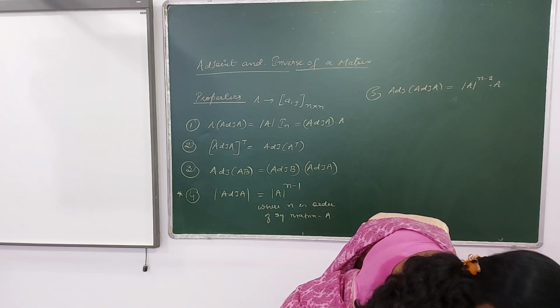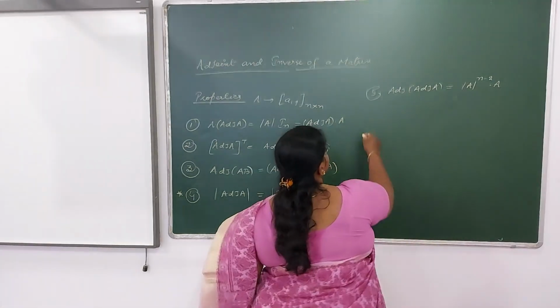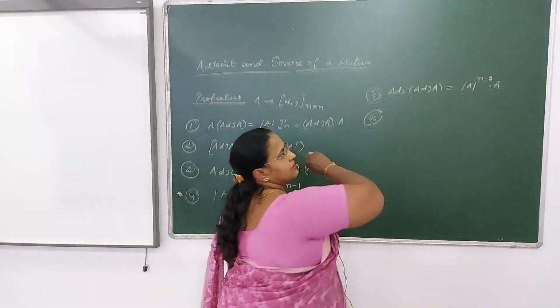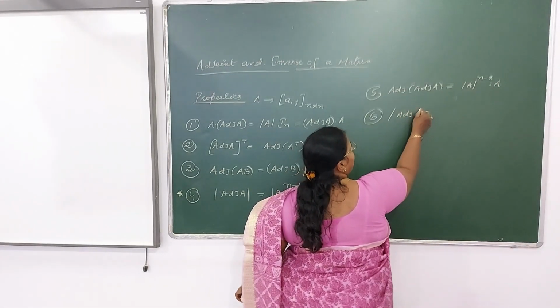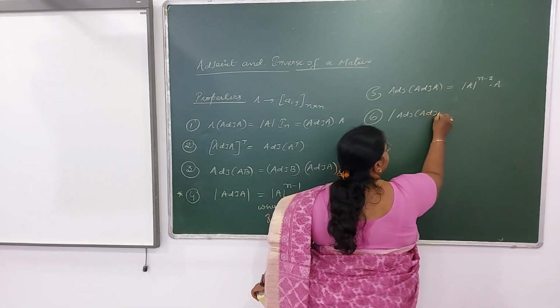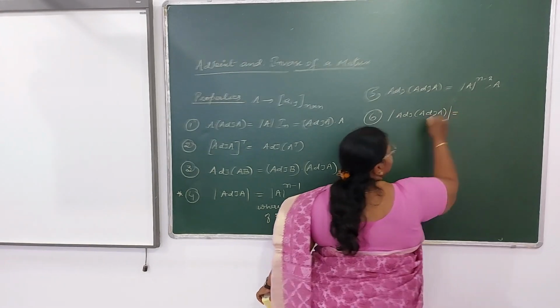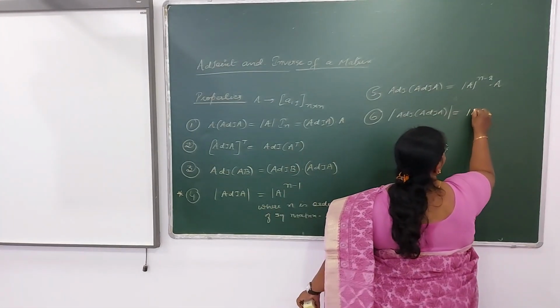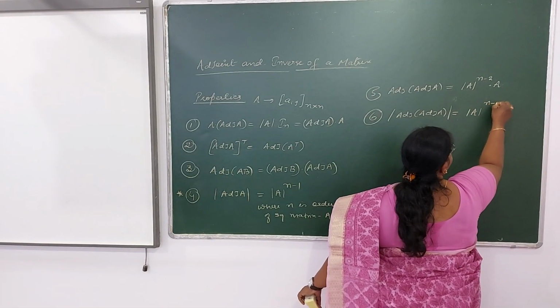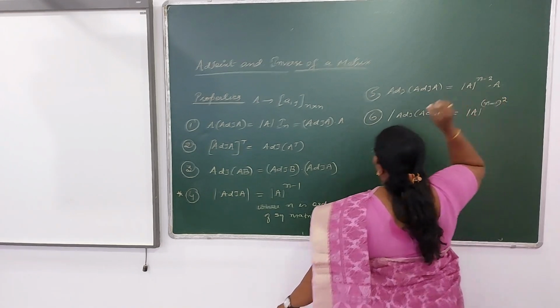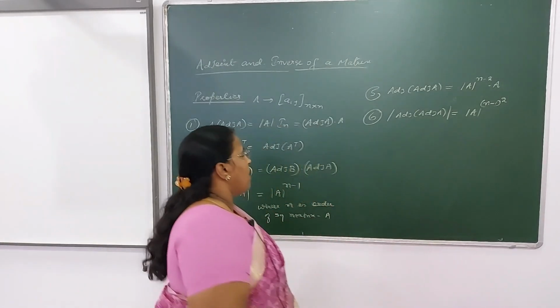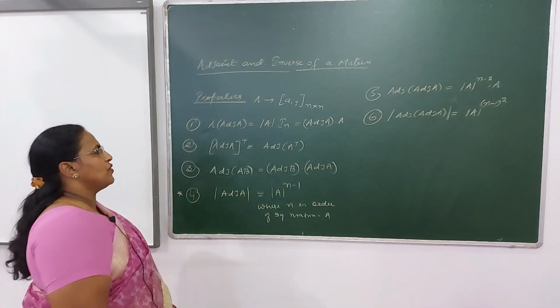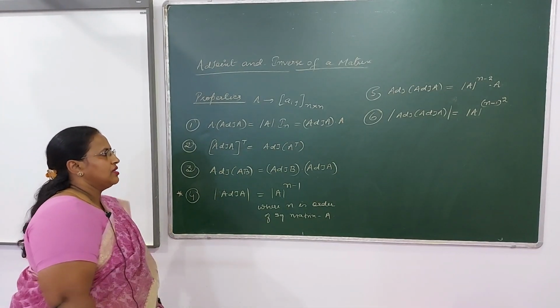So the next property is the last one: determinant of adjoint of adjoint of A is equal to determinant of A to the power n minus 1 whole square.